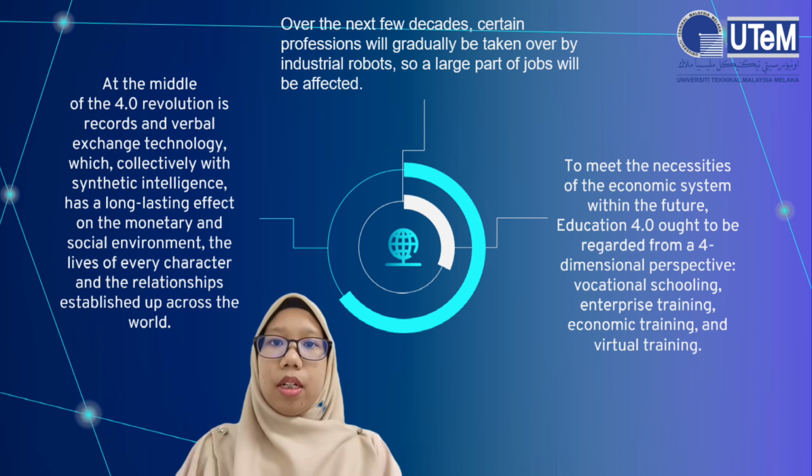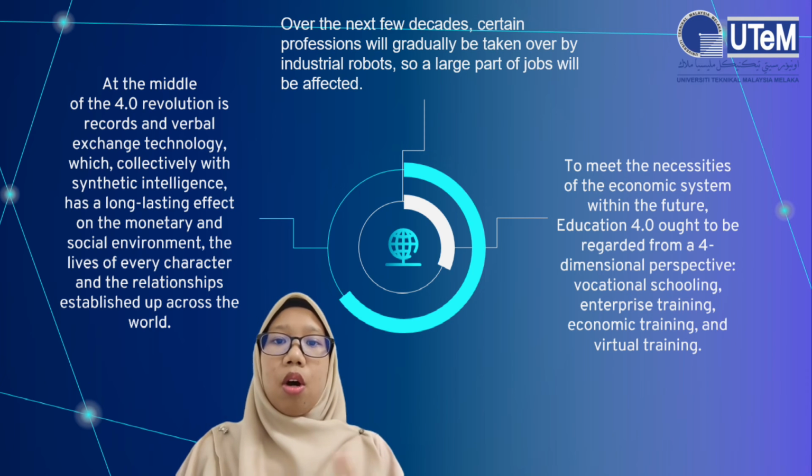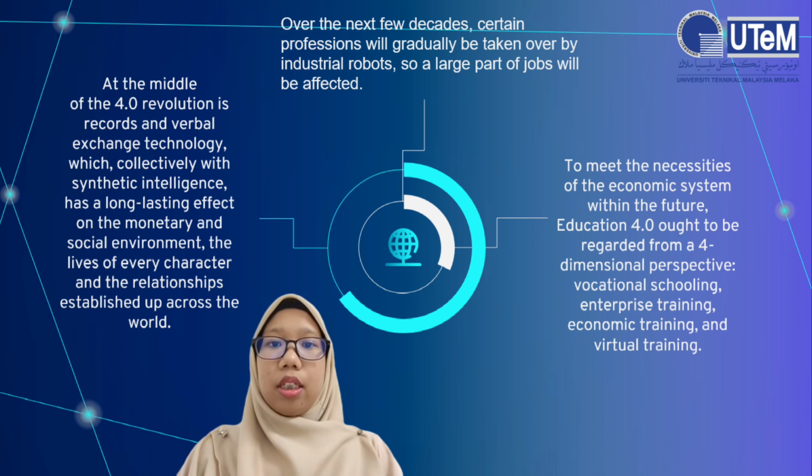Summary. At the middle of the 4th revolution is information and communication technology, which together with artificial intelligence has a long-lasting effect on the economic and social environment, the life of every person, and the relationships established across the world. Over the next few decades, certain professions will gradually be taken over by industrial robots.